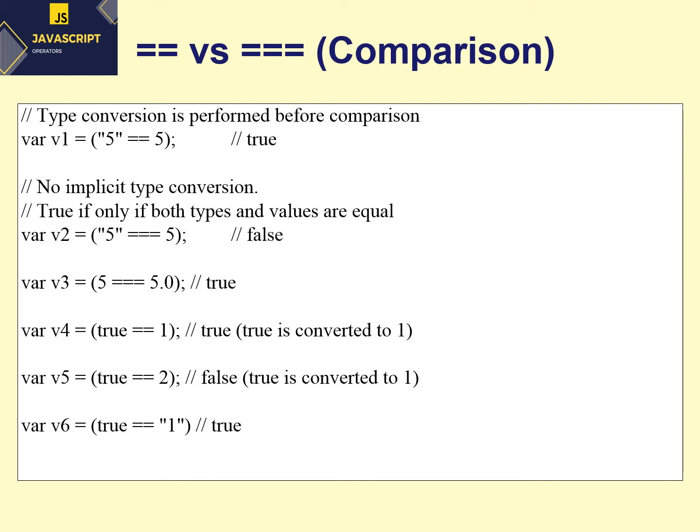Both values are the same. So the sixth expression produces a true value, because 1 is equal to "1". Hope you understood the difference between the equal to and the strictly equal to operators.